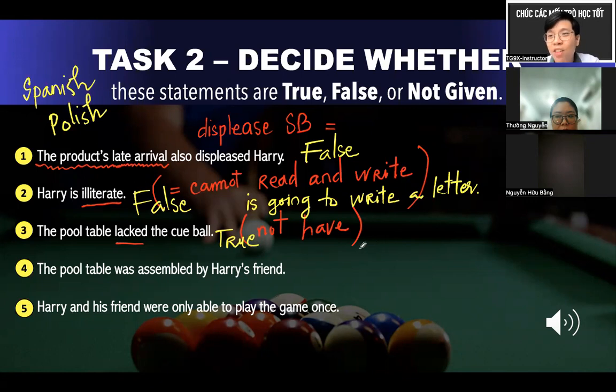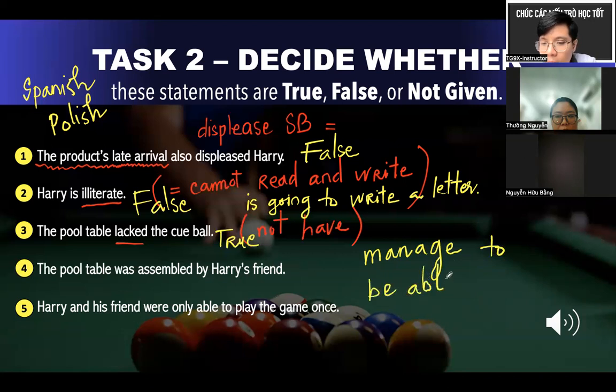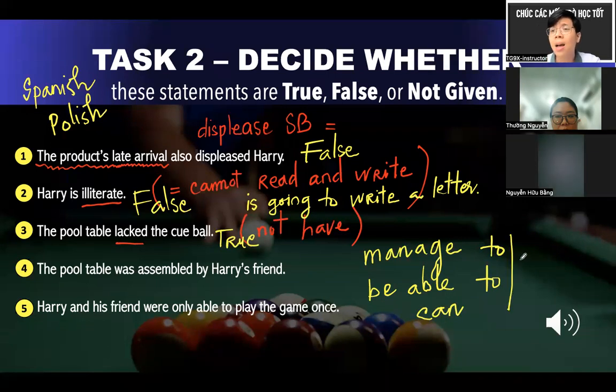And let me give you a term. To manage to. To be able to. And can. All of these show ability.